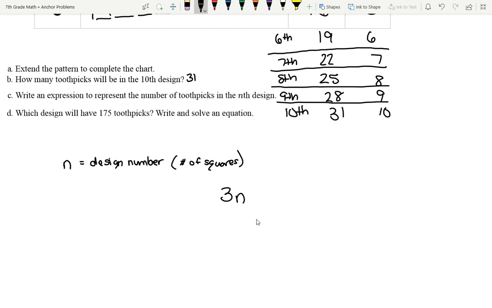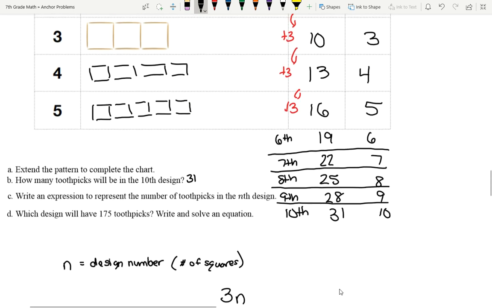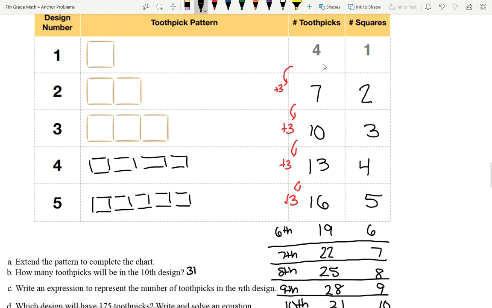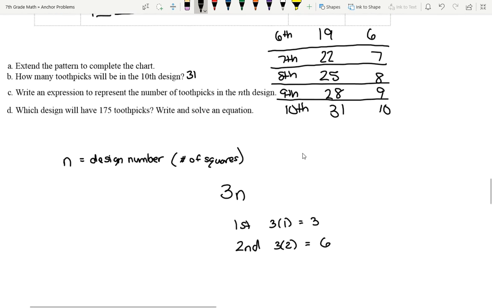So 3 times n. And you're going, well, why 3 times n? Well, if we look at the first design here, if we were to take 3 times 1, we get 3 toothpicks. In the second design, if we were to take 3 times 2, we'd get 6 toothpicks. But that's a little off, isn't it? It's a little off, because here I have 4 and 7, not 3 and 6.